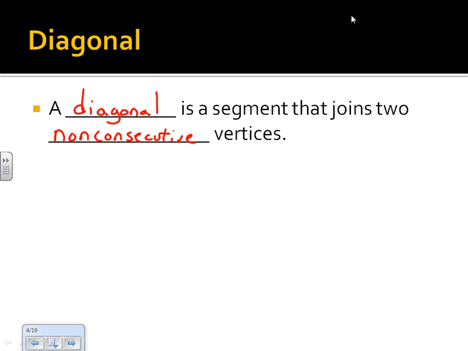Non-consecutive vertices. Now those are some big words, so let's see if we can break this down a little bit.